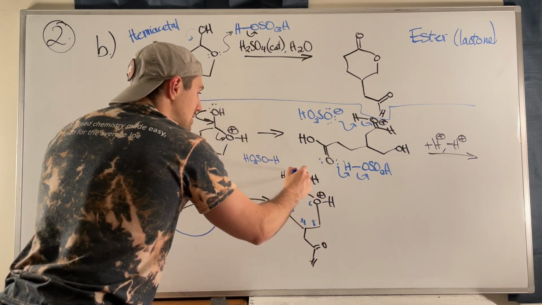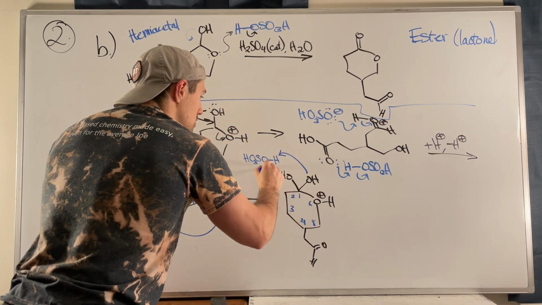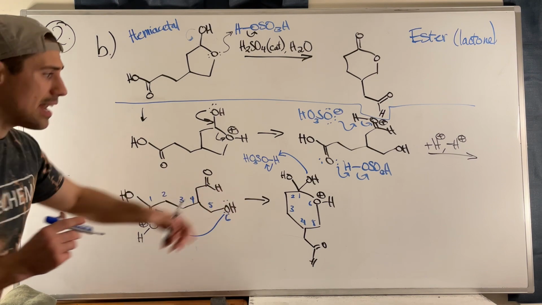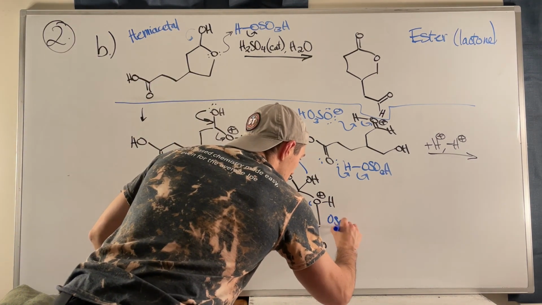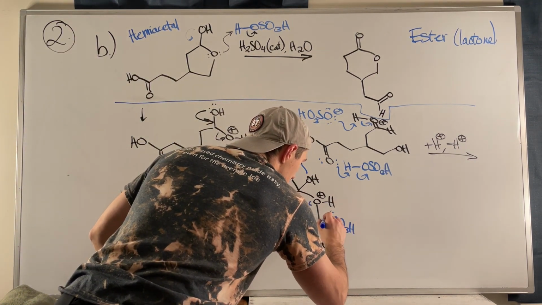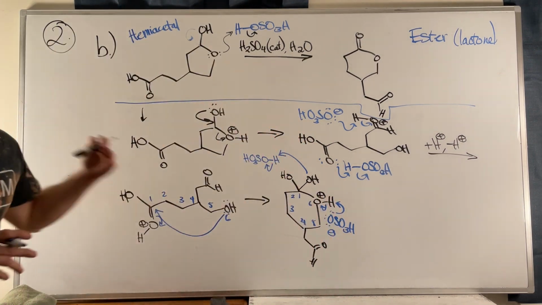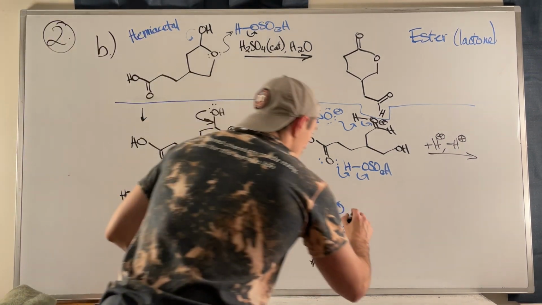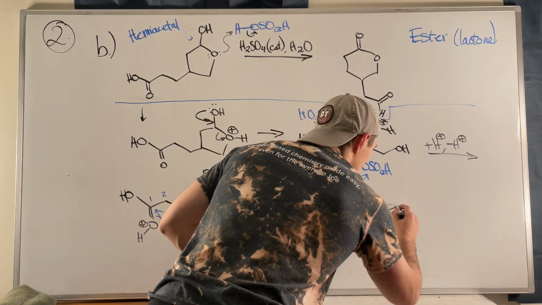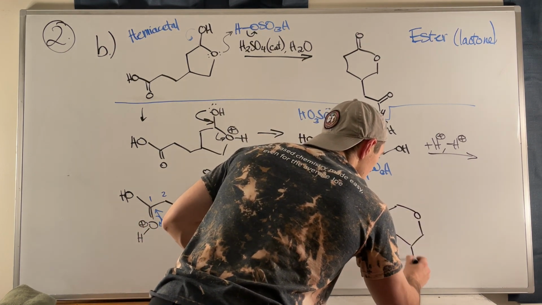So in this step, we're prepping one of the OHs to be a good leaving group. And I'm going to actually deprotonate this oxygen right here to make it a worse leaving group so that it sticks around and the mechanism doesn't go backwards, okay? So I'm going to try and fit this all in.